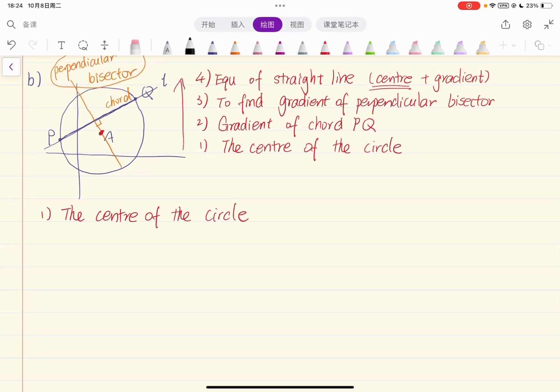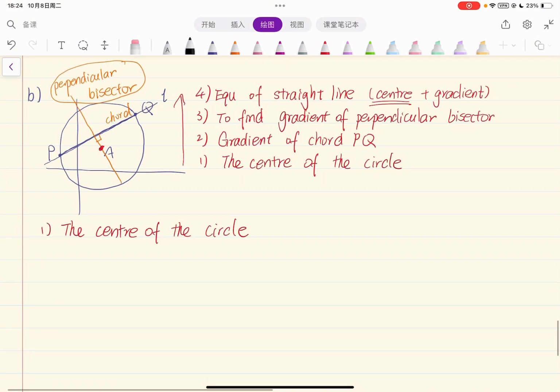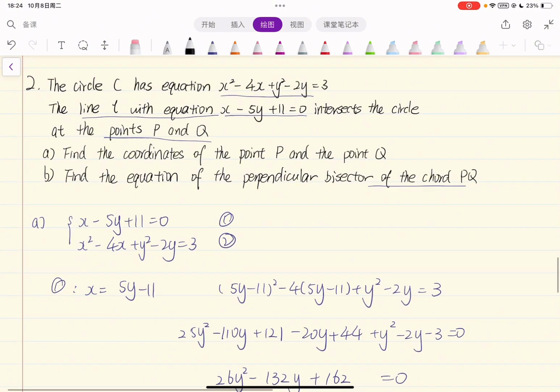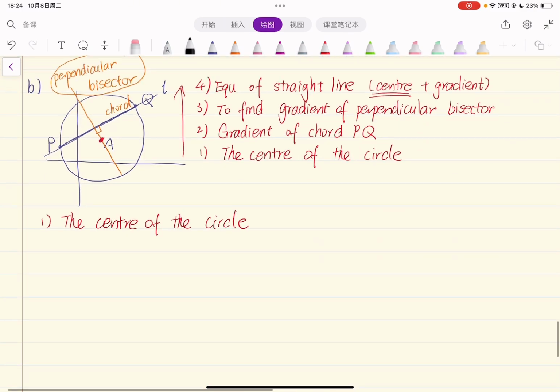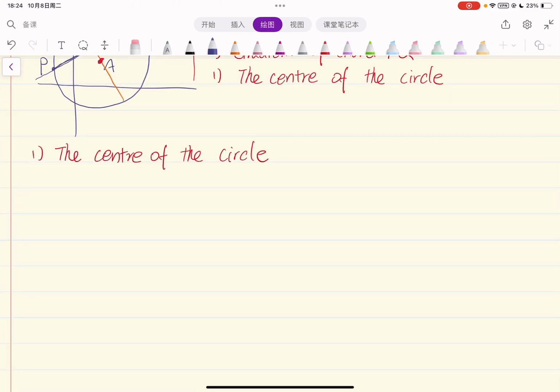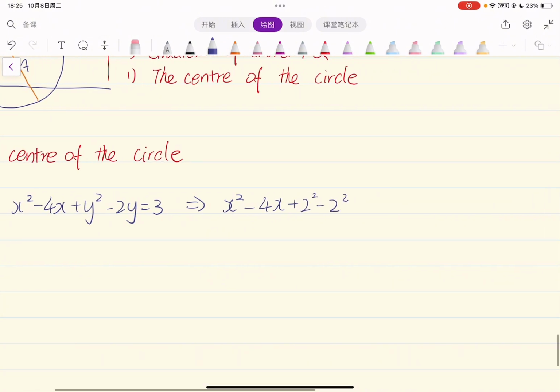So we write that the equation of the circle is x squared minus 4x plus y squared minus 2y equals 3. Completing the square, we have x squared minus 4x plus 2 squared minus 2 squared, plus y squared minus 2y plus 1 minus 1, equals 3.